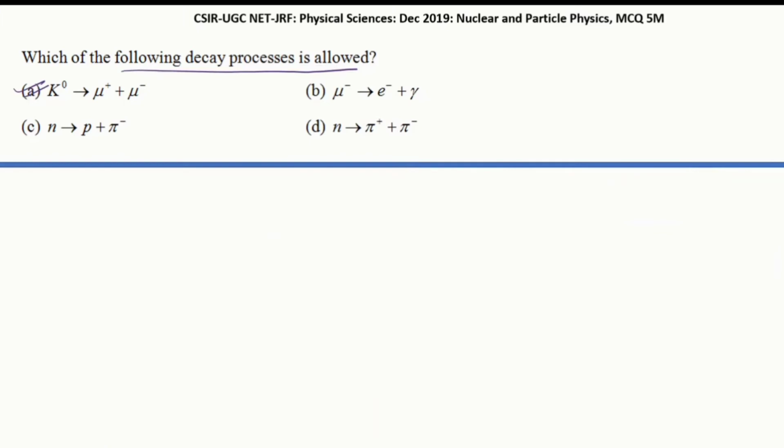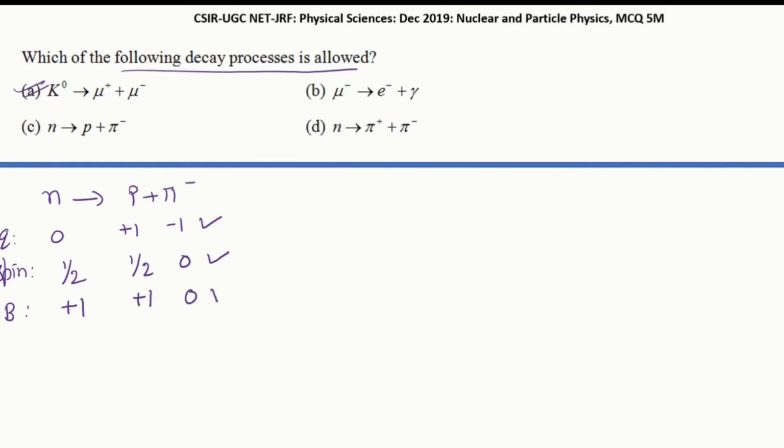Now let's look at the third decay, neutron decaying into proton and pi negative. So the charge 0, +1, -1 is conserved. Spin half for the proton, 0 for the pion, it is also conserved. Baryon number, neutron has baryon number +1, proton has baryon number +1, pion has 0, so baryon number is also conserved.